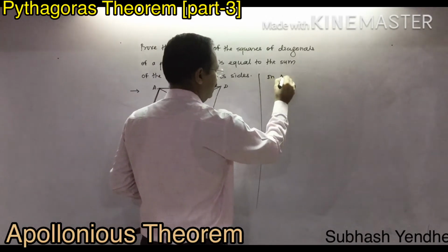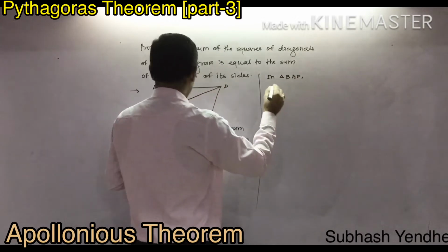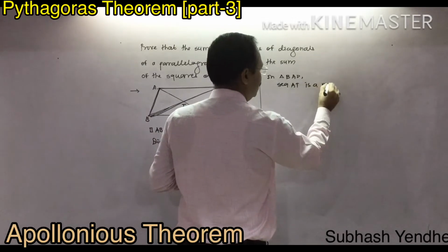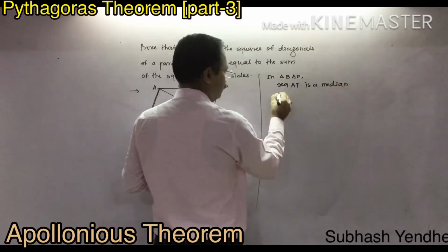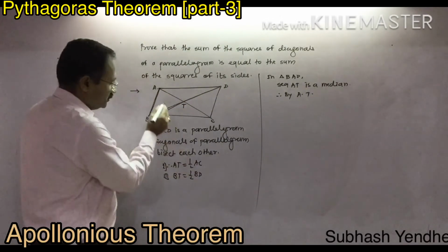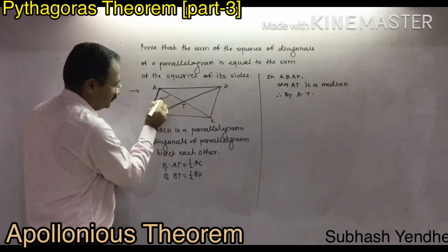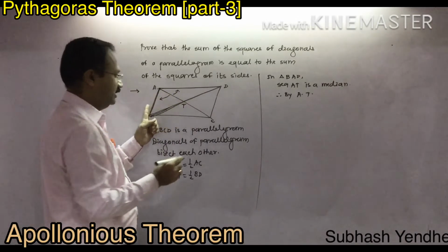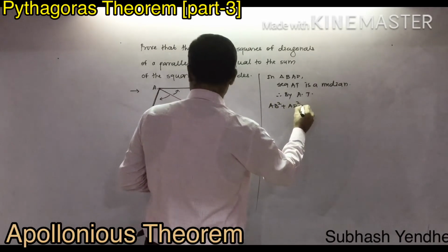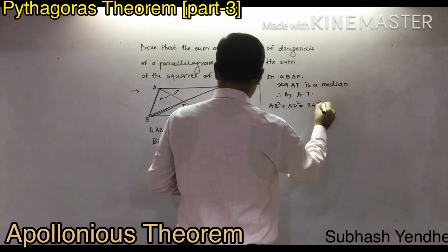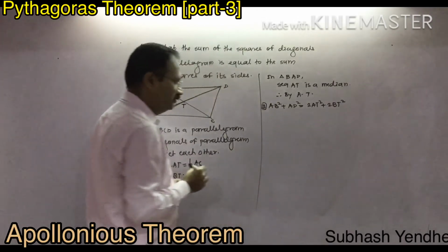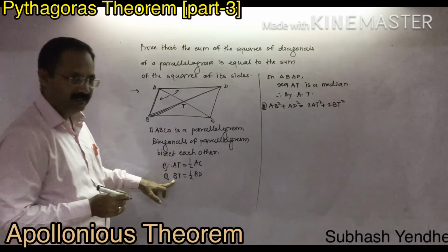In triangle BAD, segment AT is a median, and therefore by the Apollonius theorem, these are the two sides related to the median AT: AB square plus AD square equals 2AT square plus 2BT square. Give the number 3.